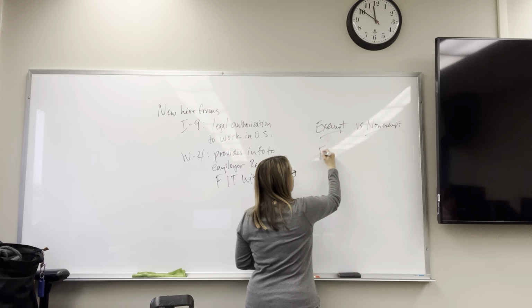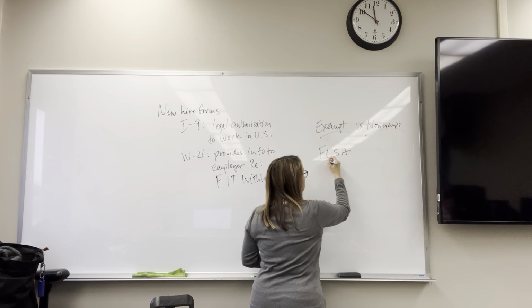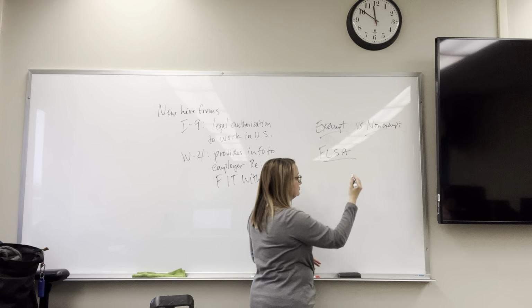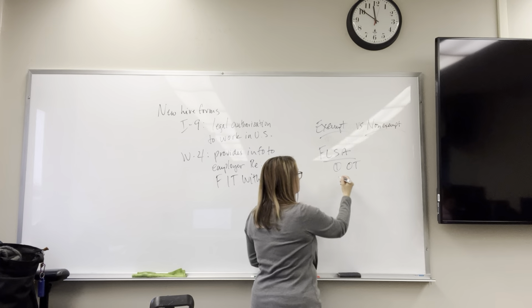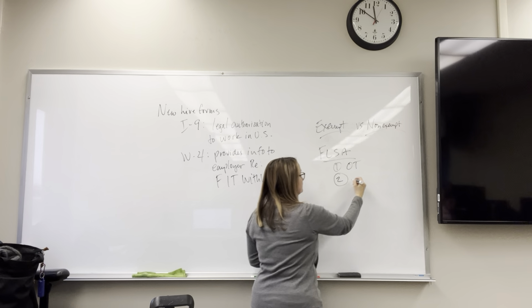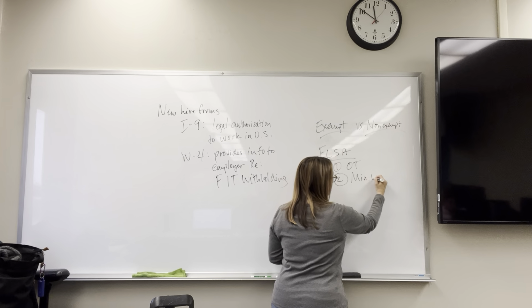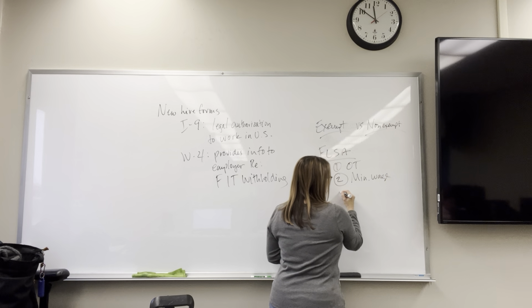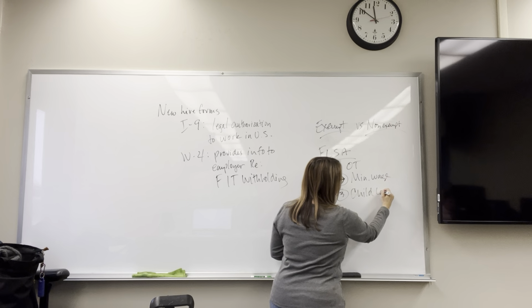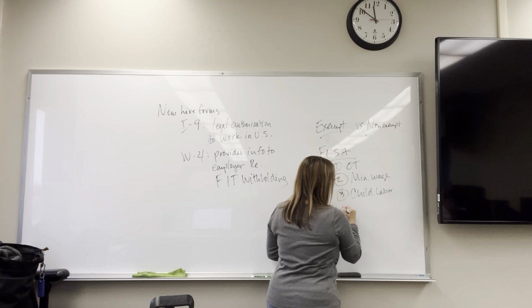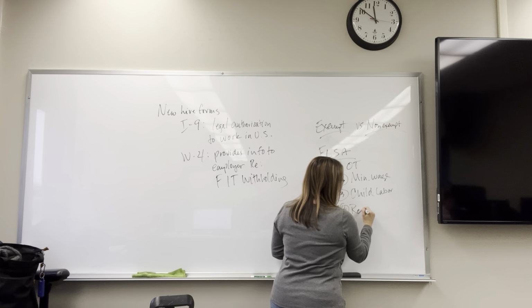So for the FLSA, there are 4 main provisions, right? There are rules regarding overtime pay, rules regarding minimum wage, rules regarding child labor restrictions, and then there are some record-keeping requirements.